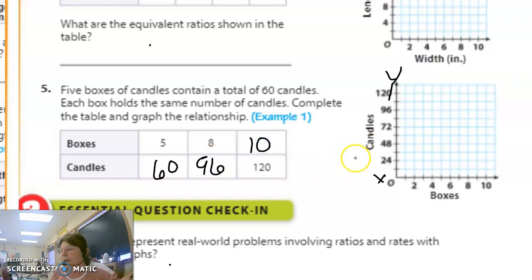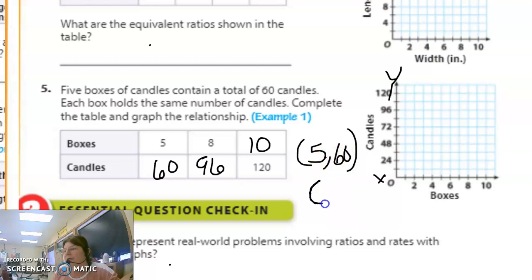What is the ordered pair? The ordered pair is 5, 60. Ordered pairs are always written like this: 5 first, and then 60. Okay? Boxes, candles. Boxes, candles. You always have the comma in between them.